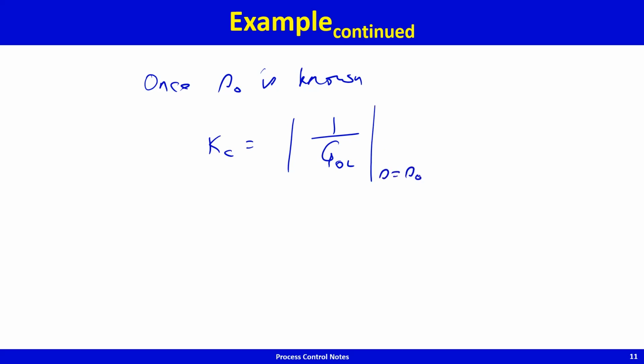Once S naught is known, Kc is quite simply the absolute value of 1 by G open loop for the master loop calculated at S equal to S naught. And thus I also get the value of Kc, and therefore I have Kc and tau I. So I've done these calculations, and these calculations will be shown to you right now.